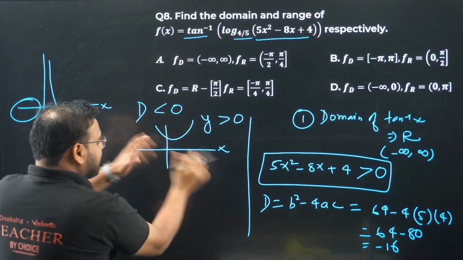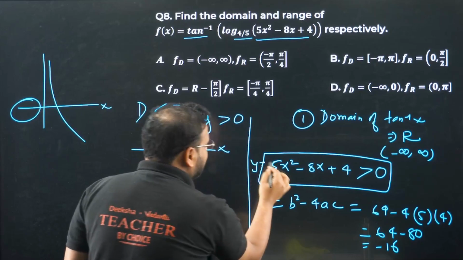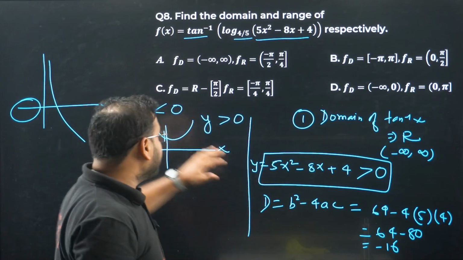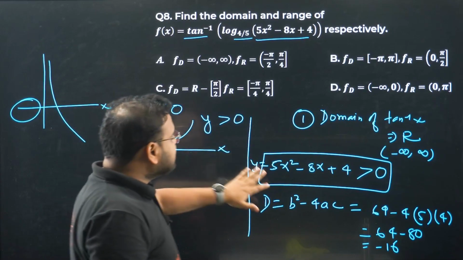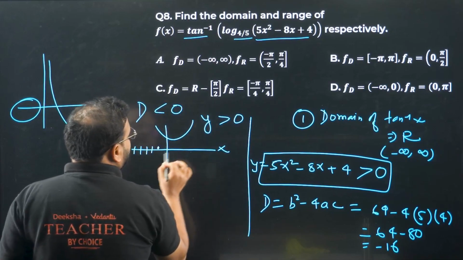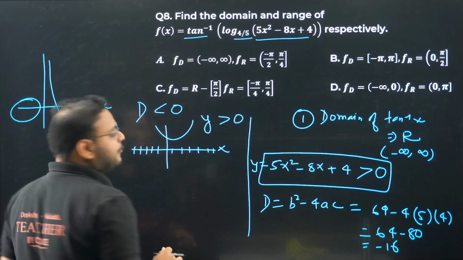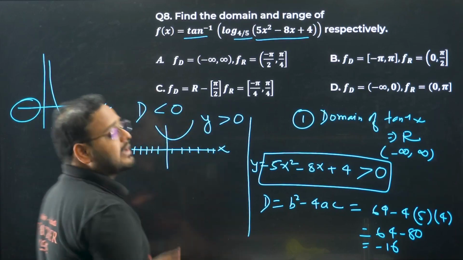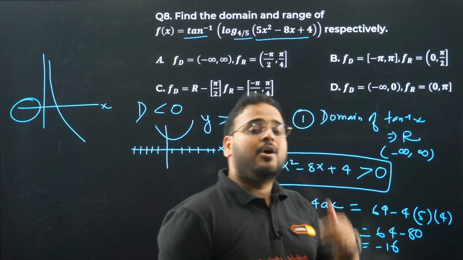Above the x-axis means this entire graph, call it y, this y will always be more than 0. It means that for any value of x you take, it doesn't matter, the graph is always above the x-axis. It means that y is always positive.